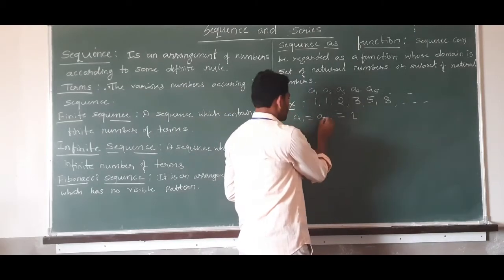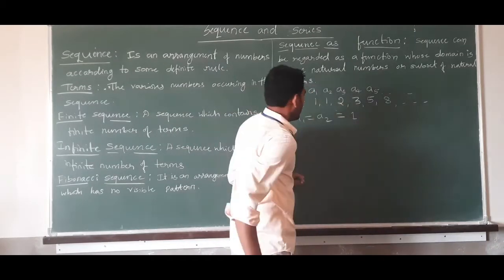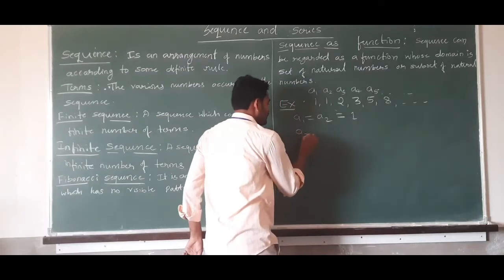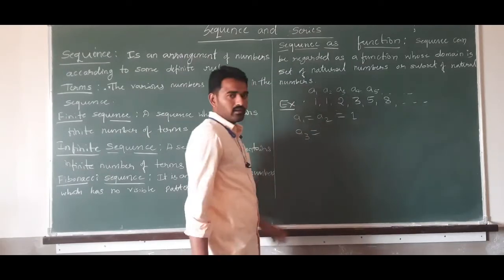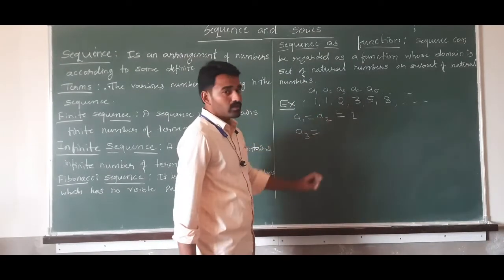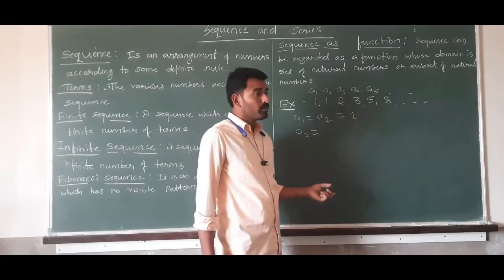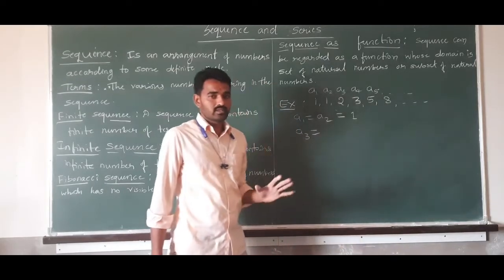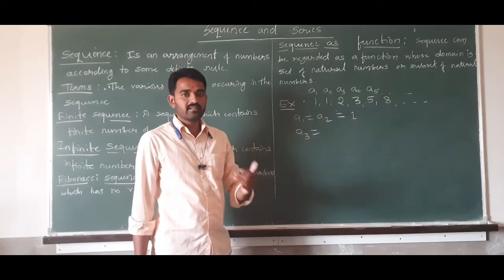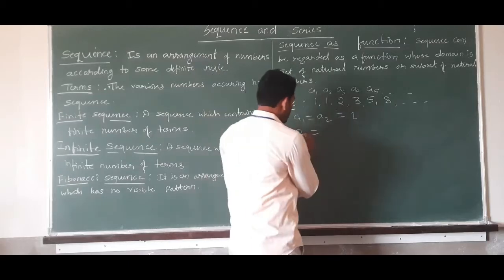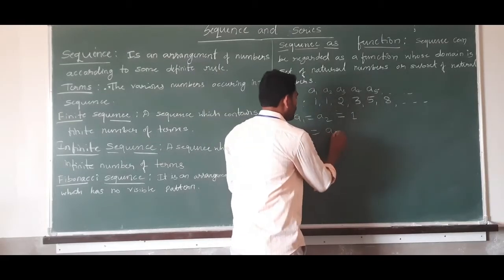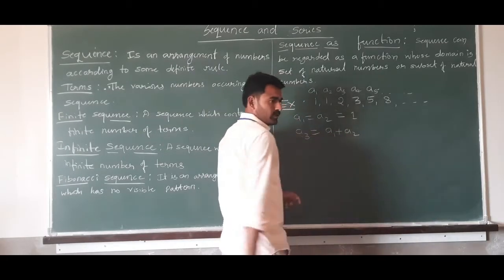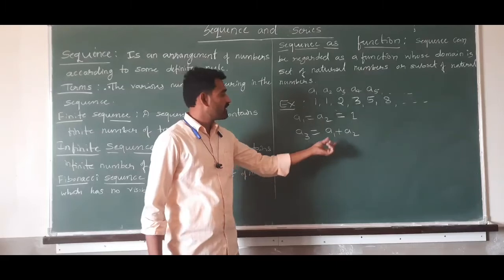So a1 is equal to a2 is equal to 1, and the third term a3 is 2. It means the sum of the two preceding terms. So a3 is equal to a1 plus a2.